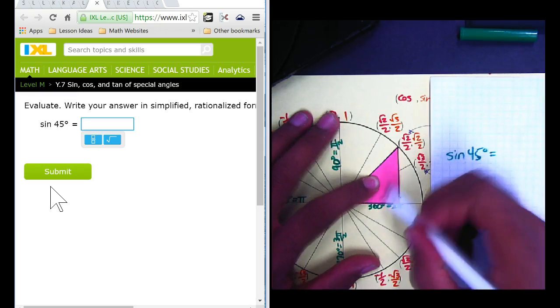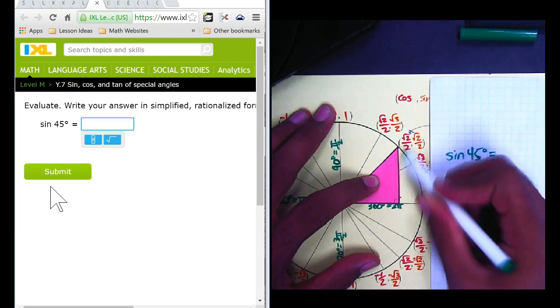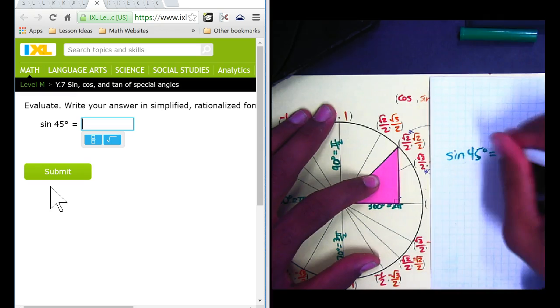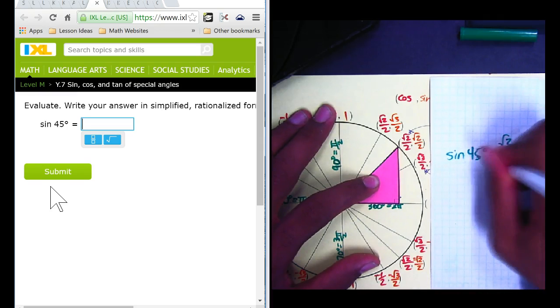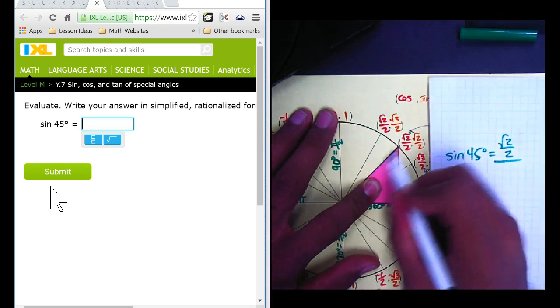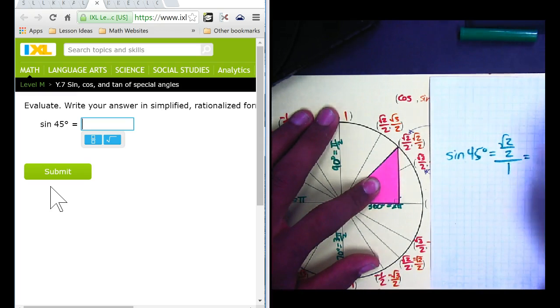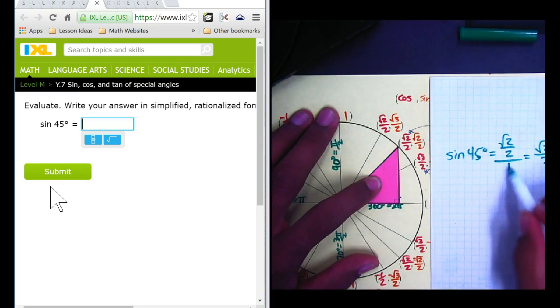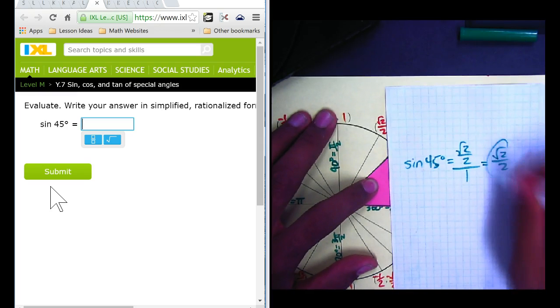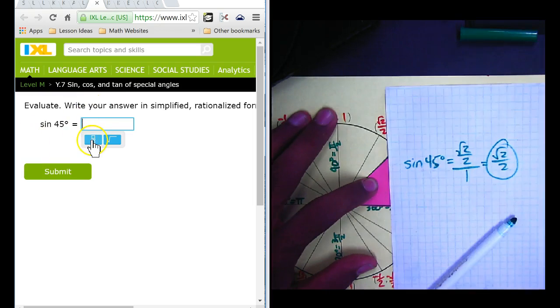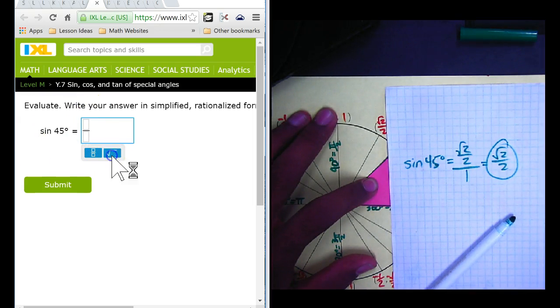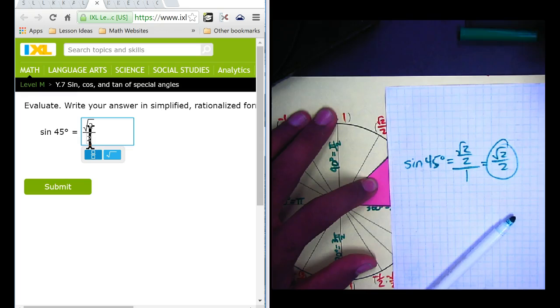So the opposite of 45 is the y value, and the y value here is square root of 2 over 2. And the hypotenuse, again, is 1. And so it remains the same value, rad 2 over 2, because it's just over 1. So there's our sine of 45 degrees, rad 2 over 2.